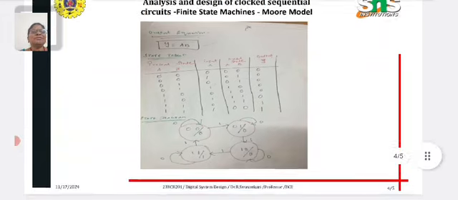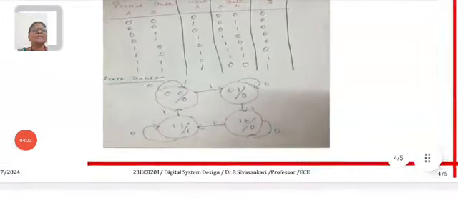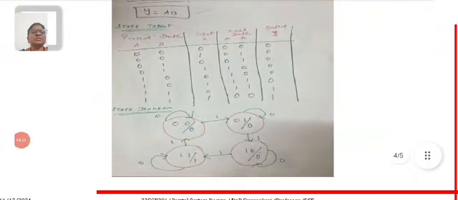From the truth table, we have to draw the state diagram. So this is the state diagram from the truth table.